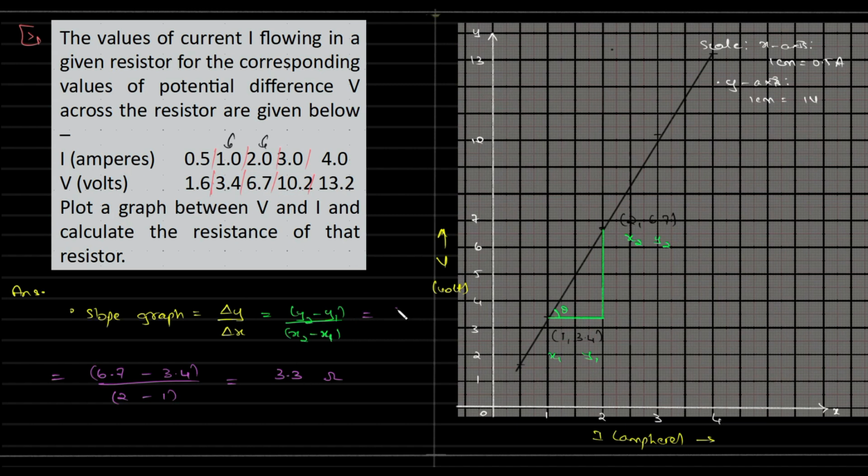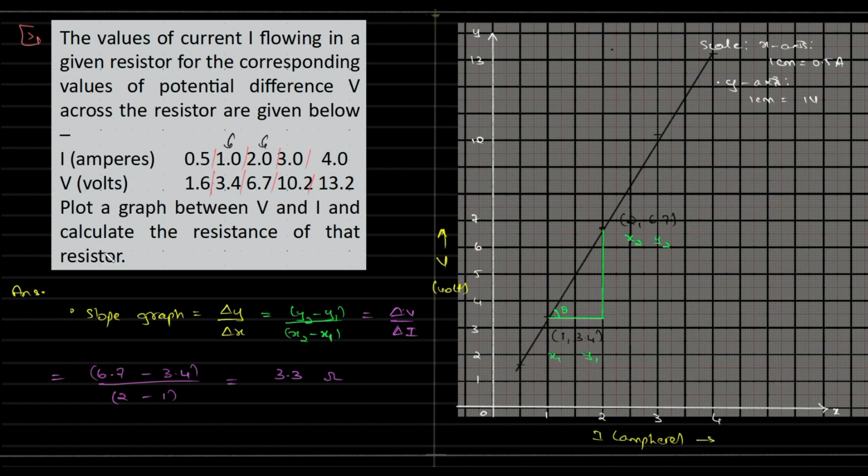Basically, this is change in voltage divided by change in current. So numerator is change in voltage, is it not? Because we're taking the change in y-axis divided by change in x-axis. So this is change in current. So delta V by delta I, and V by I is your resistance.